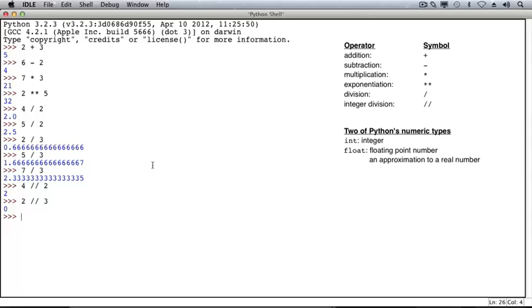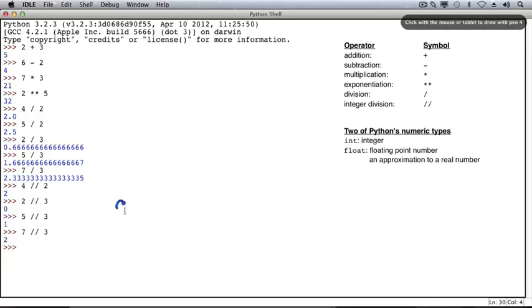So let's consider 5 divided by 3 using integer division. And again, the result is 1, a whole number. So we could rewrite 5 over 3 as 1 2/3, and we're getting the 1. Dividing 7 by 3 using integer division, we get 2.